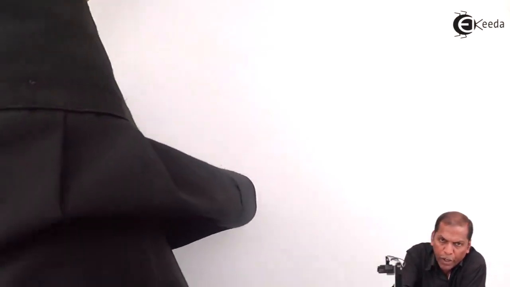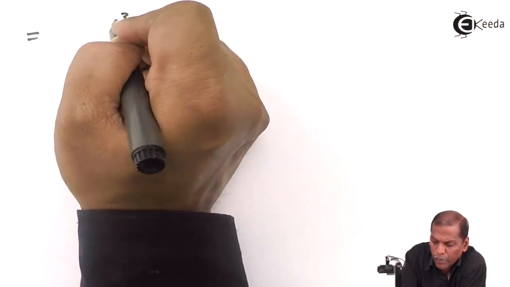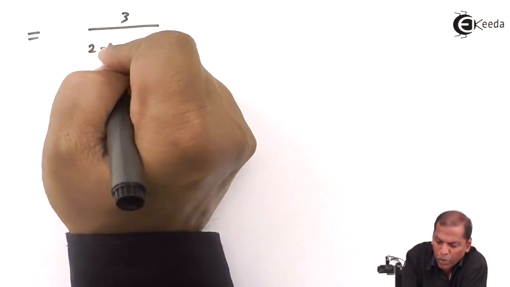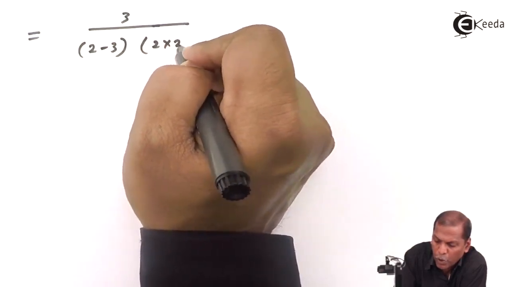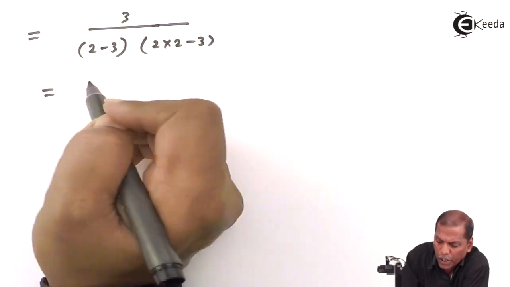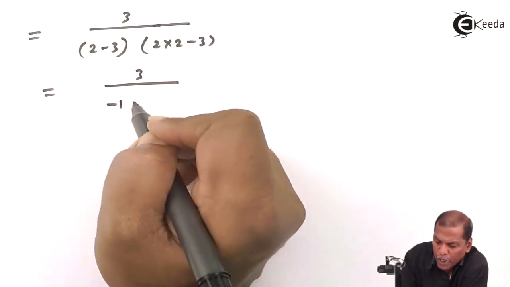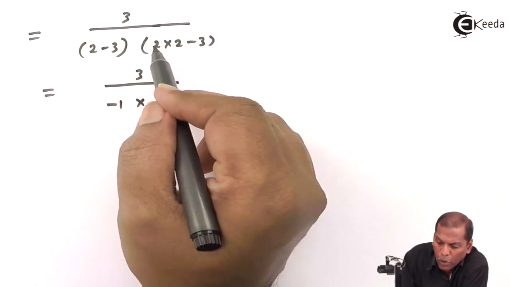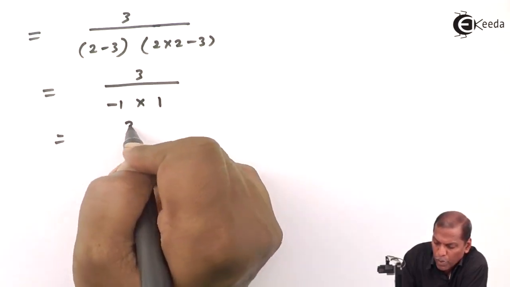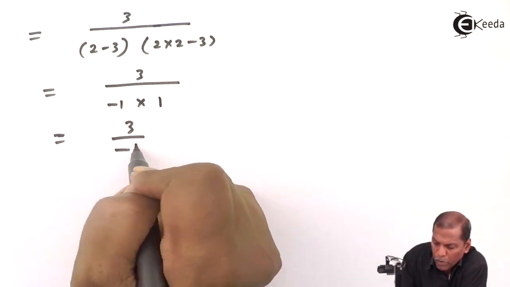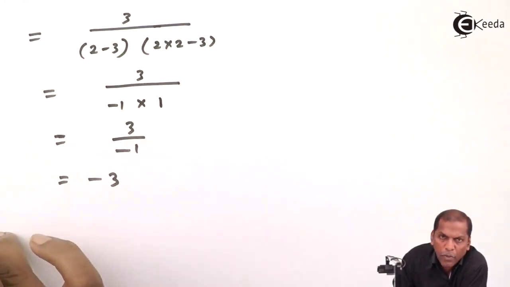Finally we substitute the limit, x equal to 2. So the next step is 3 upon (2 − 3) in the first bracket and (2 into 2 − 3) in the second bracket. So we have 3 upon, 2 − 3 gives us −1, into 2 into 2 is 4, minus 3 gives us plus 1. So we have 3 upon −1, and that is −3, which is the required answer.